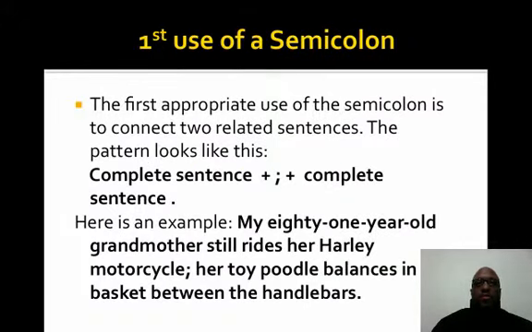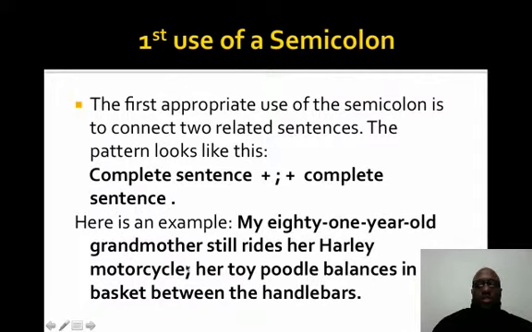All right, so this first slide is on the use of a semicolon. As it states here, the first appropriate use of the semicolon is to connect two related sentences. This is what the pattern looks like: you have a complete sentence, then the semicolon plus another complete sentence. Here's an example. My 81-year-old grandmother still rides her Harley motorcycle; her toy poodle balances in a basket between the handlebars.